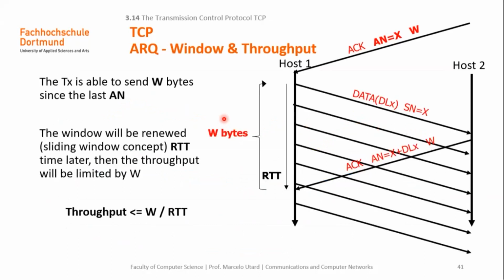Remember, we have the typical host 1 and host 2 that will exchange data. For instance, host 1 will send data to host 2. The receiver of host 2 advertises this window size, W, and that means that the transmitter is able to send W bytes since the last acknowledged number.